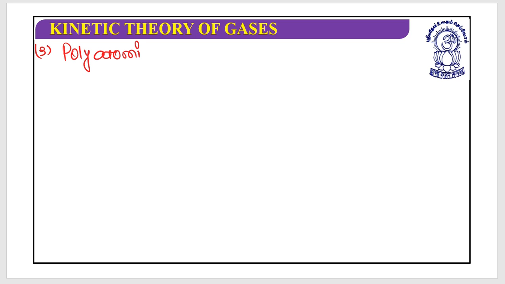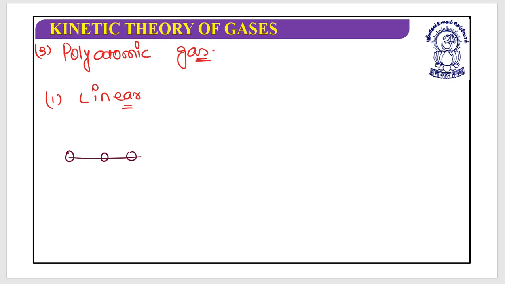polyatomic gases. In polyatomic gases, we have two segments. One is the linear polyatomic gases. So let's first discuss the linear polyatomic gases. Let's suppose it is a structure something like this.